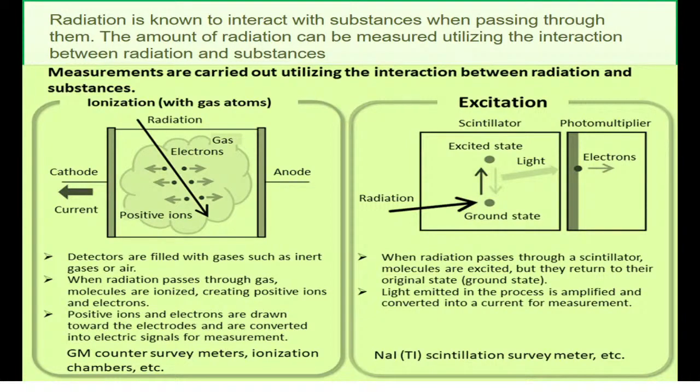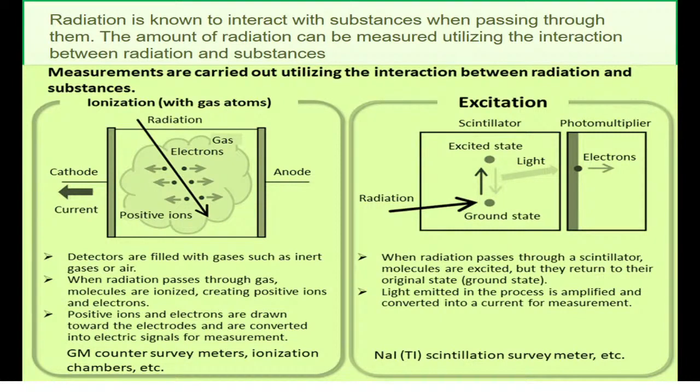Positive ions and electrons are drawn toward electrodes and are converted into electric signals, and this signal, electrical current, is measured. It is the idea to recognize the presence, to detect the ionizing radiation.